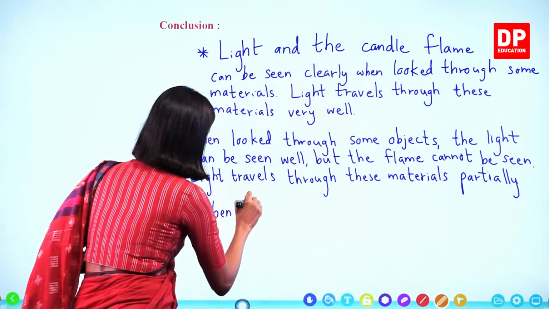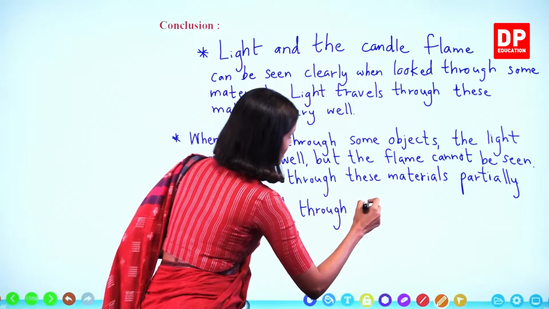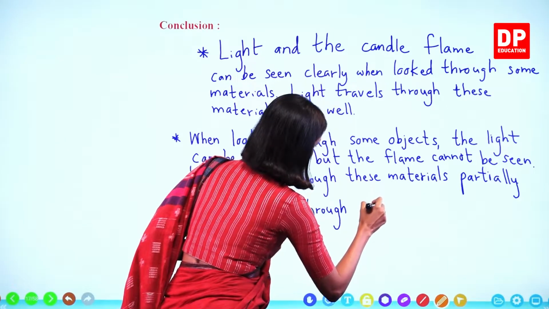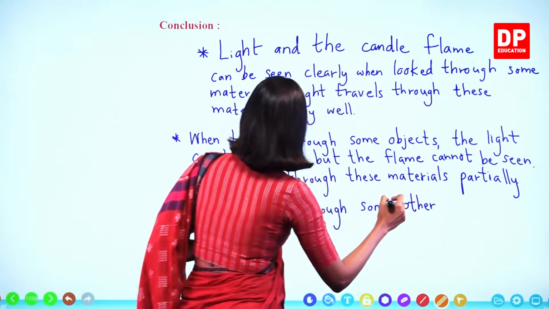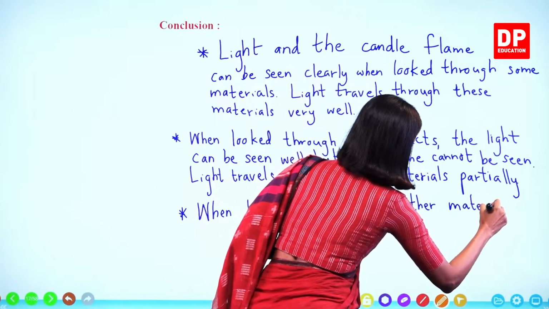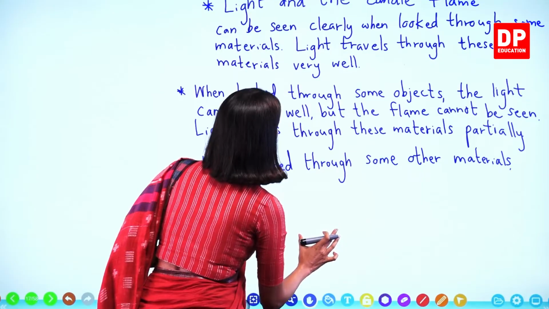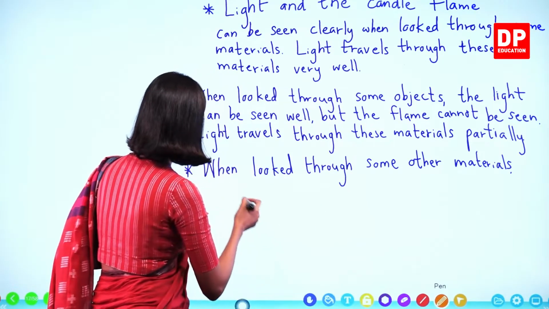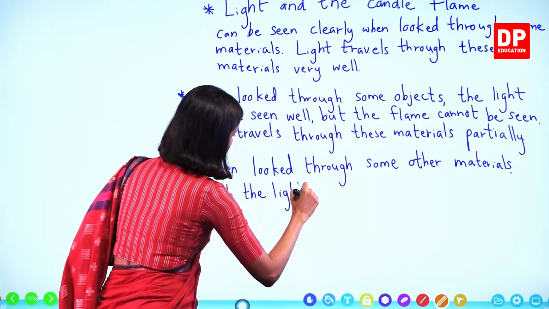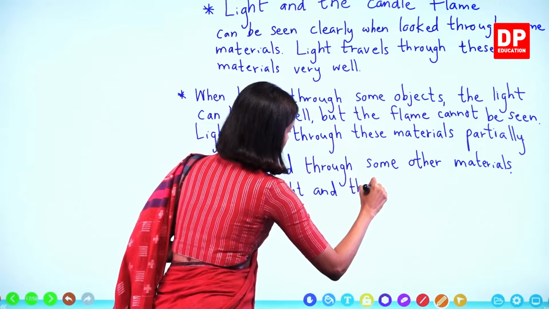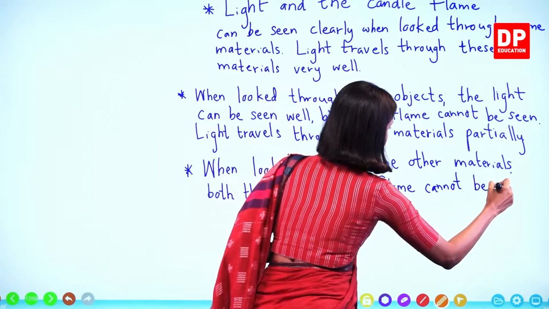When looked through some other materials or objects, both the light and the flame cannot be seen.